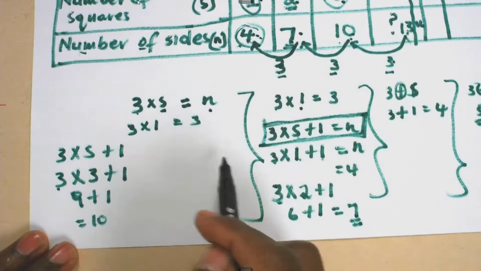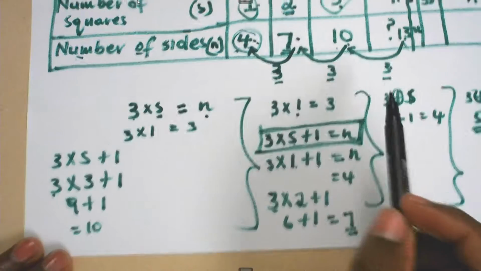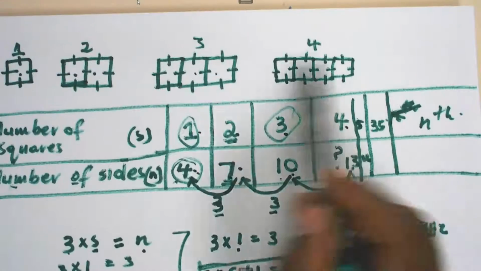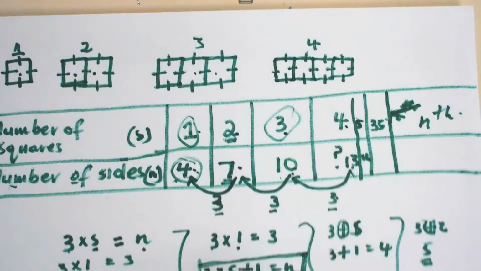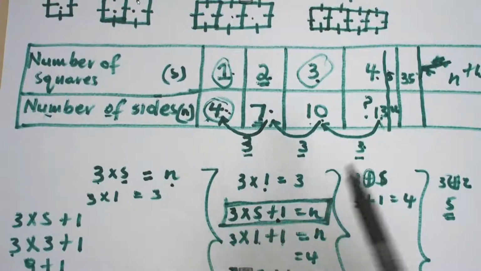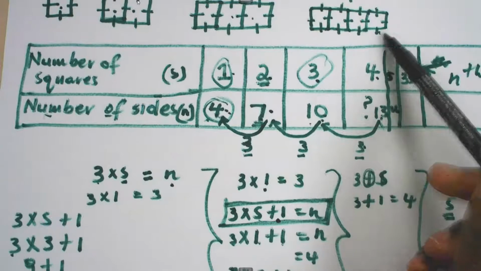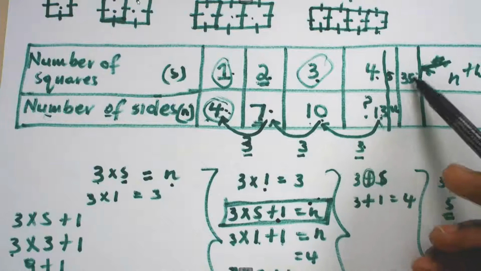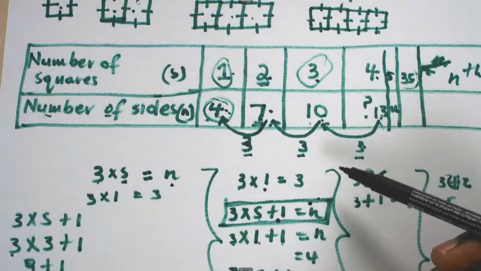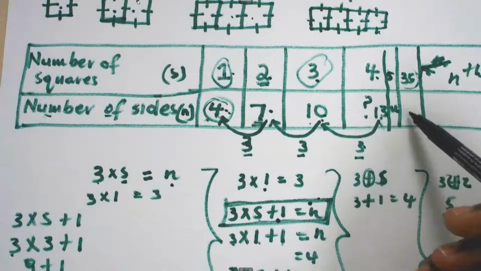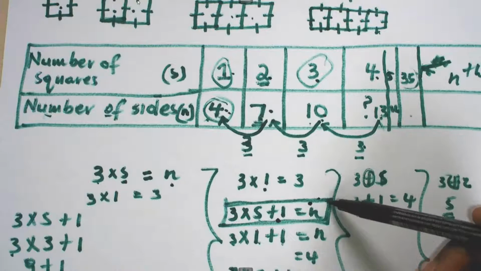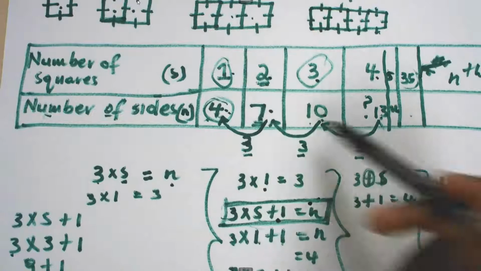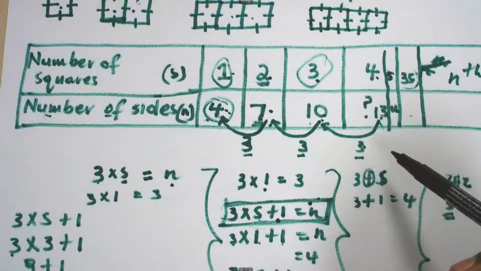Meaning that I may now stop drawing these boxes and use this equation. Why? Because this is going to help me. Imagine if I were to find how many sides there are in 35 squares. If I've developed my own equation to work out the outputs, it's going to make things simpler for me.